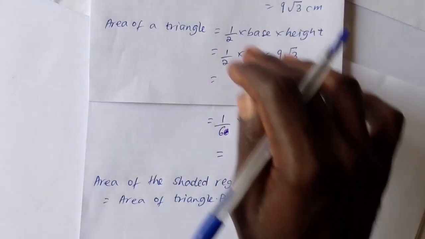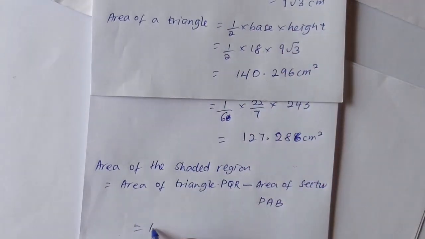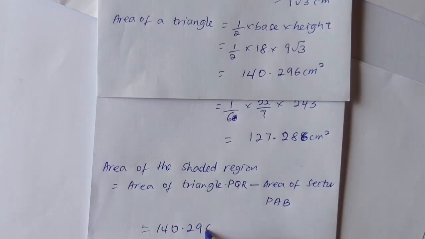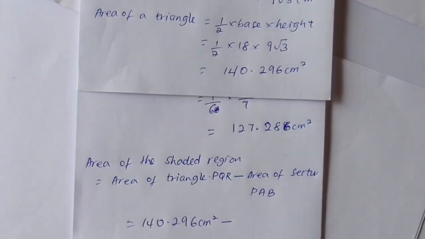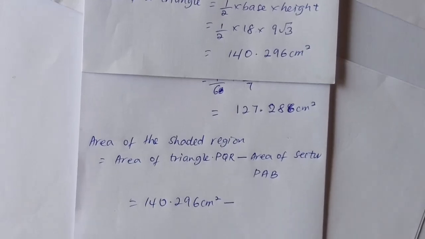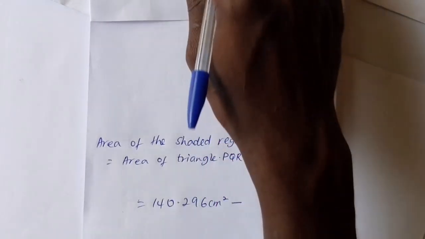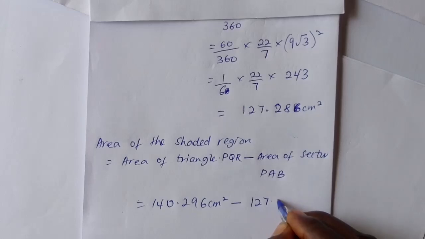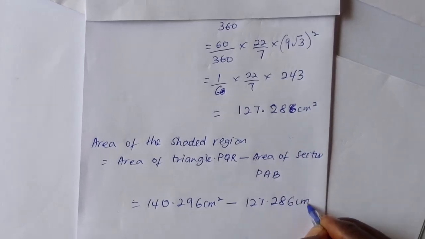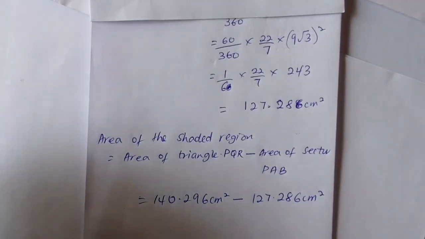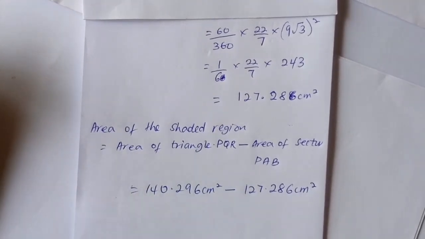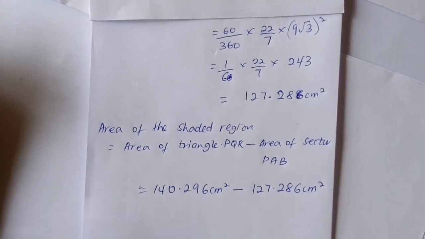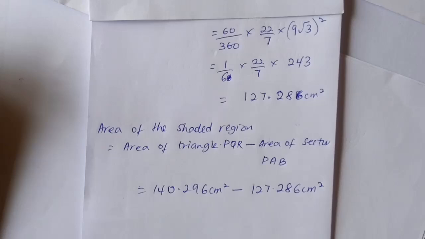We have gotten the area of the triangle as 140.296 centimeters squared, and the area of sector PAB is 127.286 centimeters squared. Let's find the difference between these two: 140.296 minus 127.286.